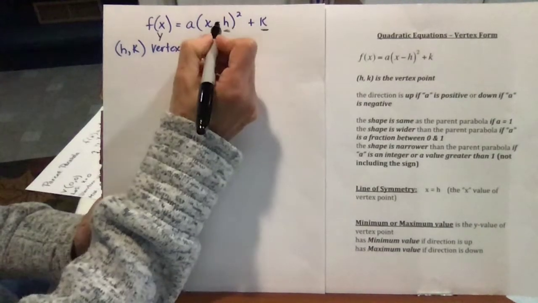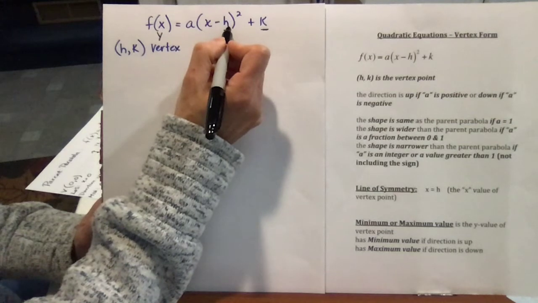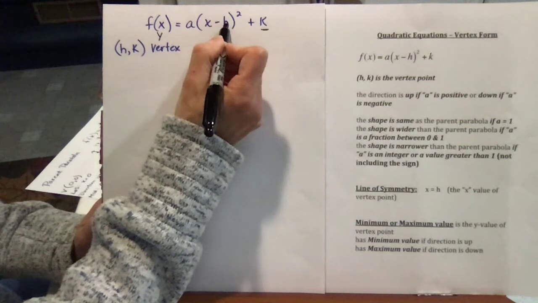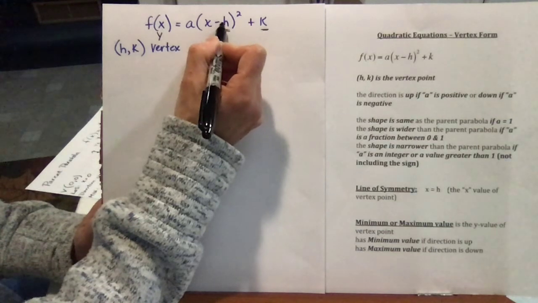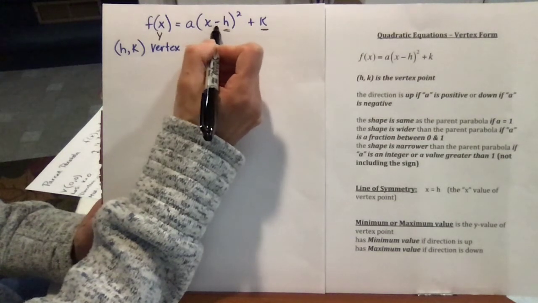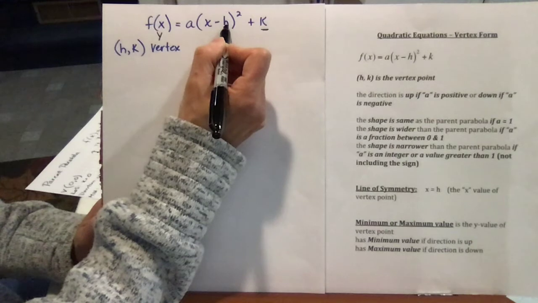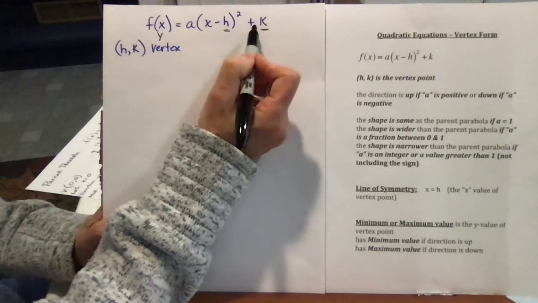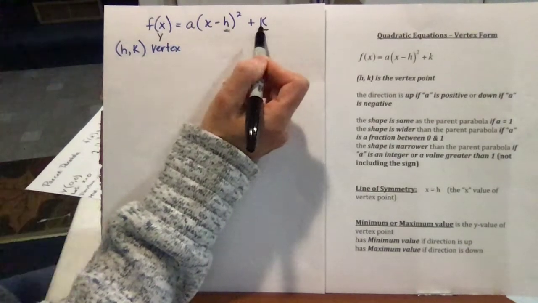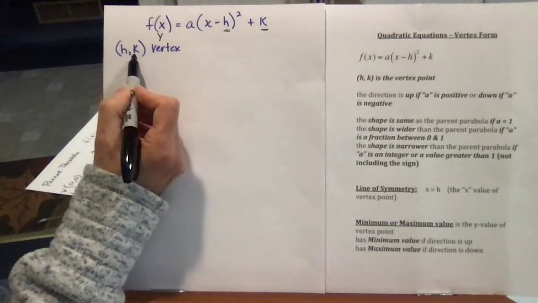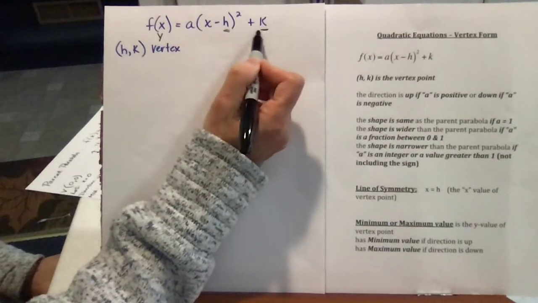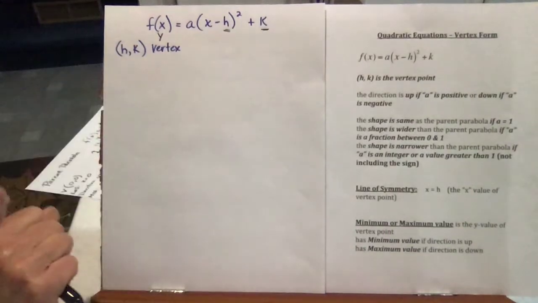So I always say whatever you see inside the parentheses for the sign minus h, you only take the opposite of what you see. So if this said plus h, you take a negative number. If it says minus h, you take the positive of the h. On the outside, the plus k affects the y. So that is the y value. Okay, so that's it. And it's exactly what you see outside, including its sign or operation.